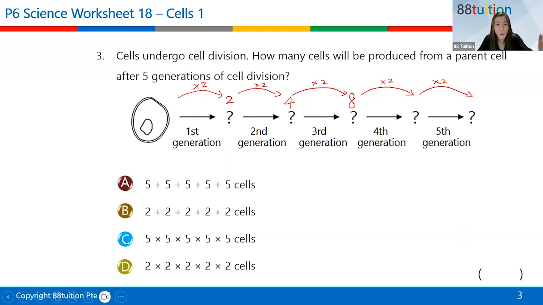You thought that it's just one cell from the first generation splitting, so you always have 2 only. It's actually 2 times 2 times 2 times 2 times 2. All right. Any question here? This is the first time I see this question come up. After so many years of teaching science, this is the first time I see this question.